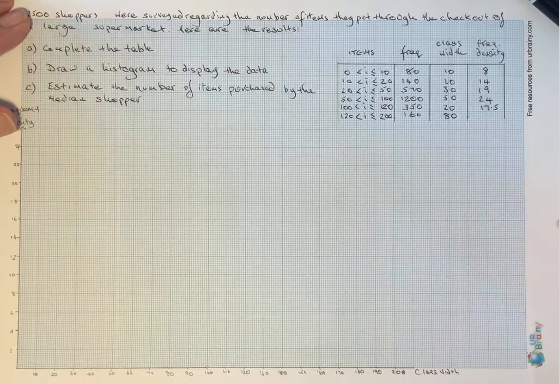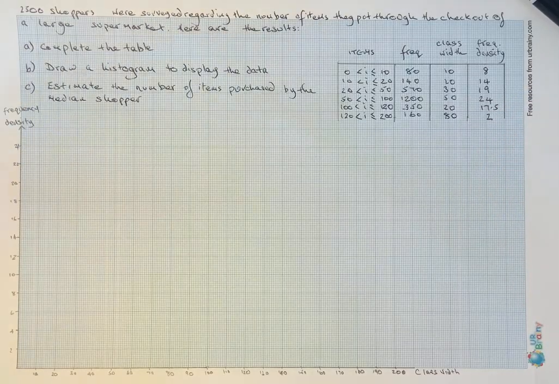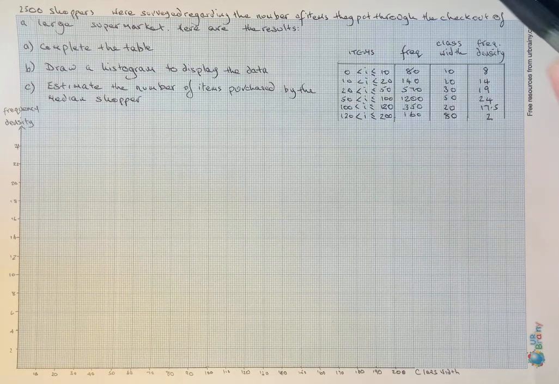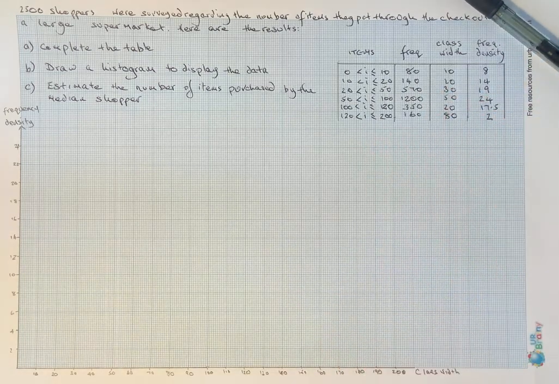And 160 divided by 80 is 2. So we now have our class width completed and our frequency density completed, and I need to pick up my pencil because now what I'm going to do is draw the bars.